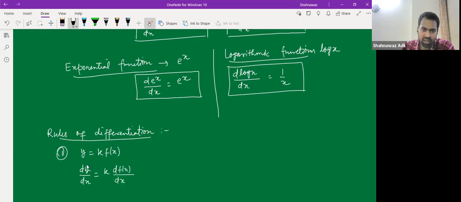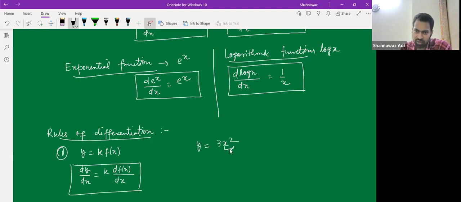So let's say that in the previous case, I was calculating the differentiation of 3x squared. So the function is x squared, right? And 3 is the constant term. So 3 is taken out. If I am calculating dy by dx, 3 is constant, 3 is taken outside, and this would be d(x squared) by dx.